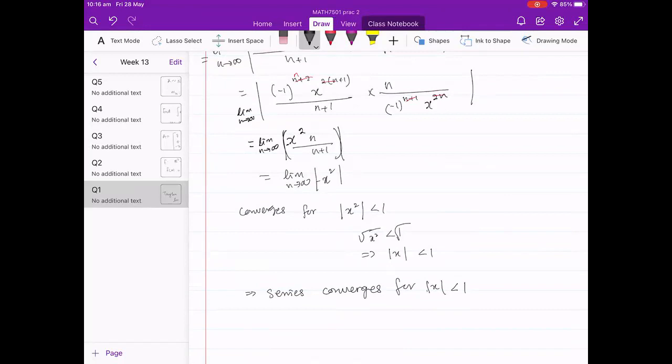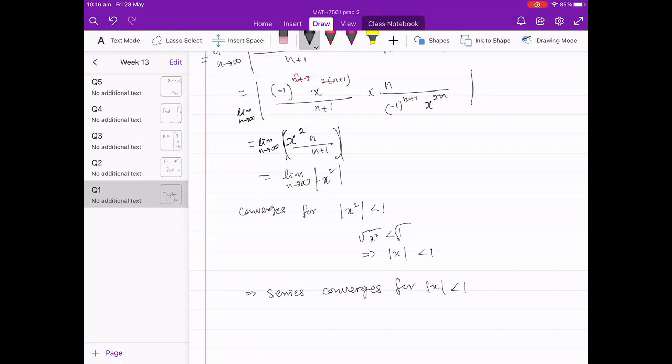Okay, so that's the first question. The second question I've asked is gradient computation.